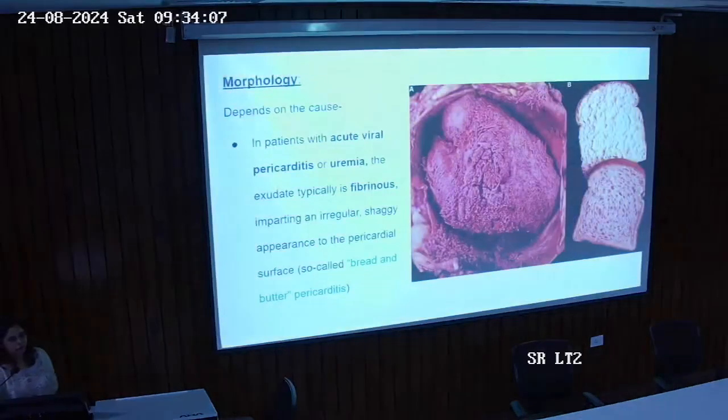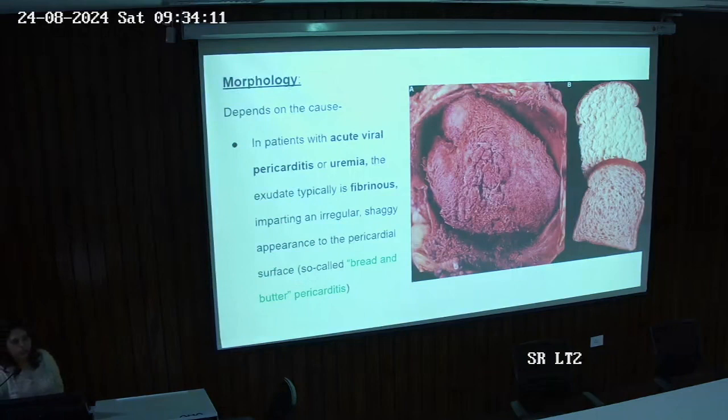Okay. Now, morphology depends on the cause. In patients with acute viral pericarditis or because of uremia, the exudate is fibrinous, which will impart an irregular shaggy appearance to the pericardial surface, which is also called bread and butter pericarditis.